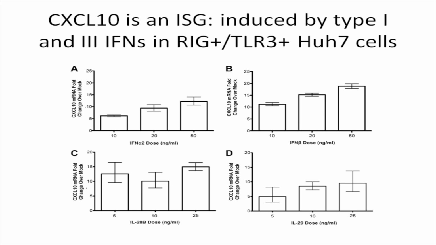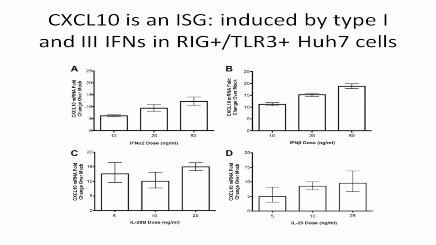IL-28B was also able to induce CXCL10 mRNA, although we didn't really see a dose response, but I think we maybe started with too high of a concentration. And similarly, IL-29 induced a dose-dependent increase in CXCL10 mRNA. So basically all types of interferon induce CXCL10, in this cell line.